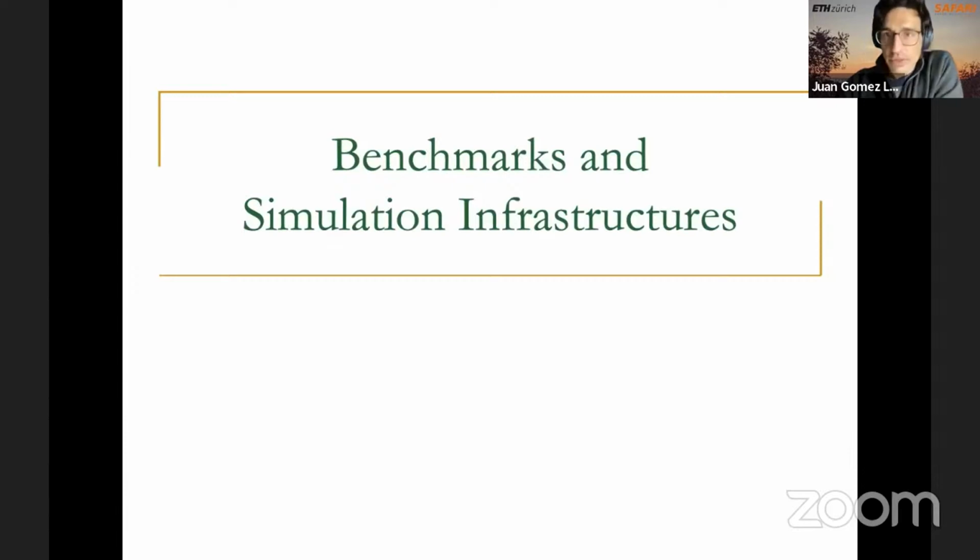Okay, something that we have also talked about in the course are benchmarks and simulation infrastructures, and that's also very important and interesting for enabling the adoption of processing in memory. Why is that? First of all, we need simulation infrastructures to explore research ideas, to try if they are good or not, to find what are the cases where they are good or not.